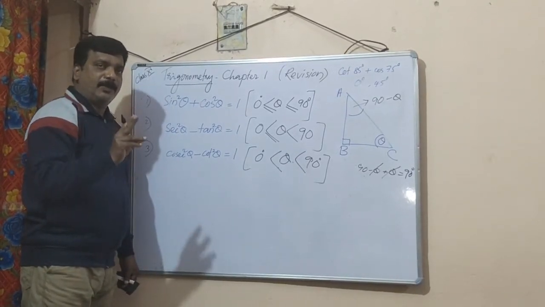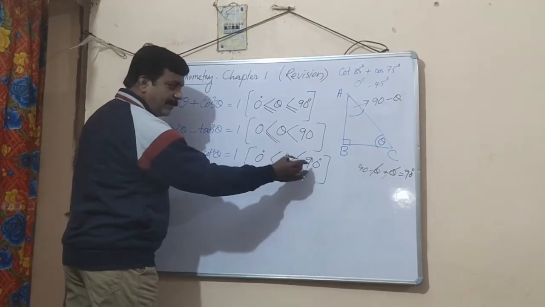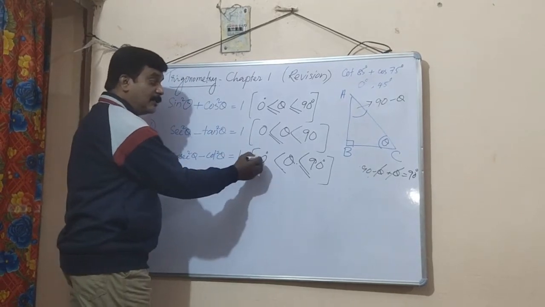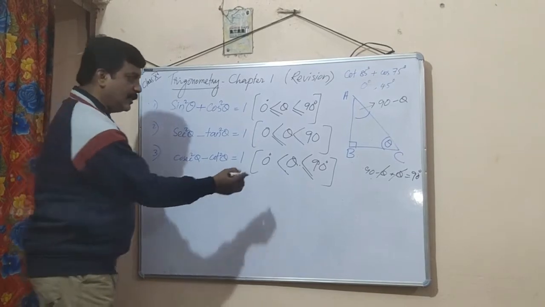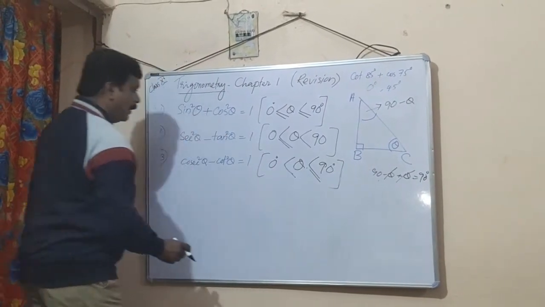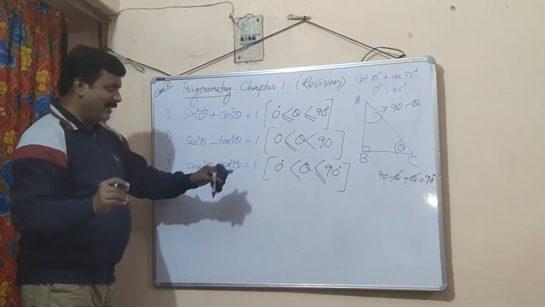It has got a particular value. So we can take theta equal to 90. But cot 0 degree is not defined. So we cannot take it. So it is not equal. So these are the conditions. So I told something about trigonometric identities.